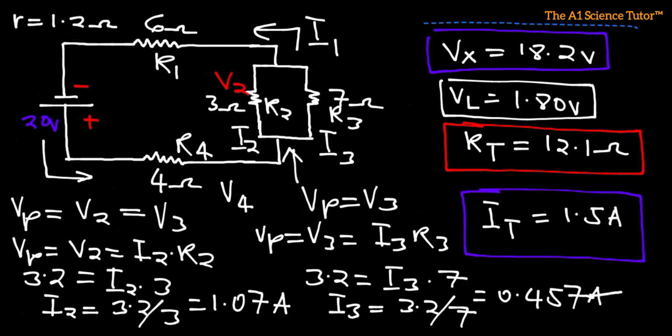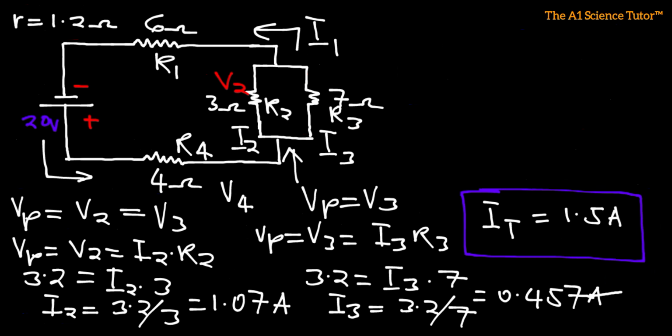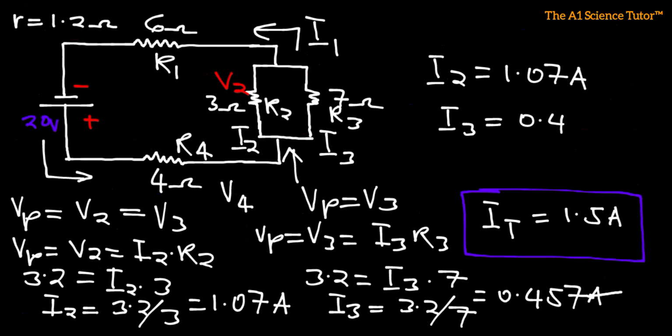So everything comes off easy now. We have been able to find the terminal voltage and also what I2 is. I2 is 1.07 amps and I3 is 0.457 amps.